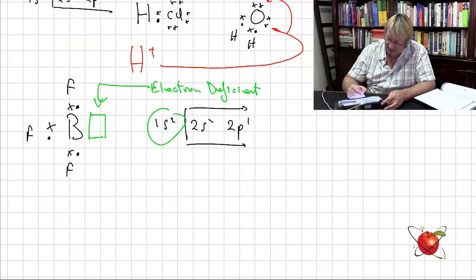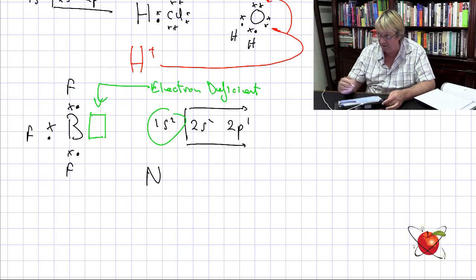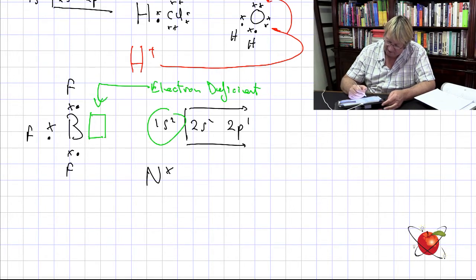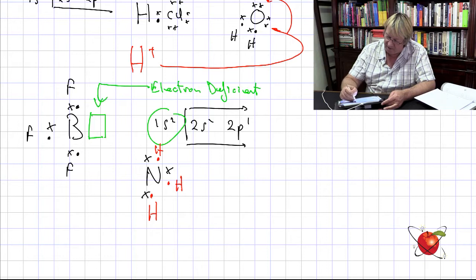And very often what happens is ammonia can come in there, right? Remember, ammonia is NH3, right? So ammonia has got the structure, I'm just drawing it like this for a reason, okay? And let's put our red hydrogen, hydrogen, and hydrogen. But ammonia has also got these two here, hasn't it?